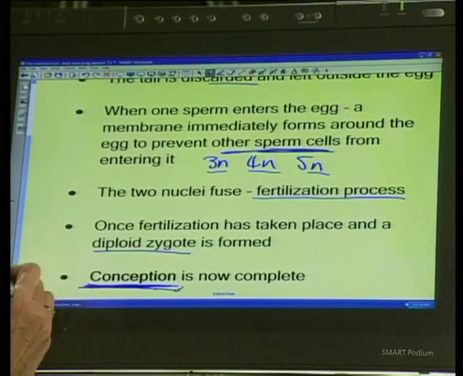Then the little head goes in, the tail breaks off, and that nucleus joins with the female nucleus. Only then has fertilization taken place. Conception is when that sperm cell enters that egg cell and fertilization takes place. We now have a new organism that's developed, called conception.